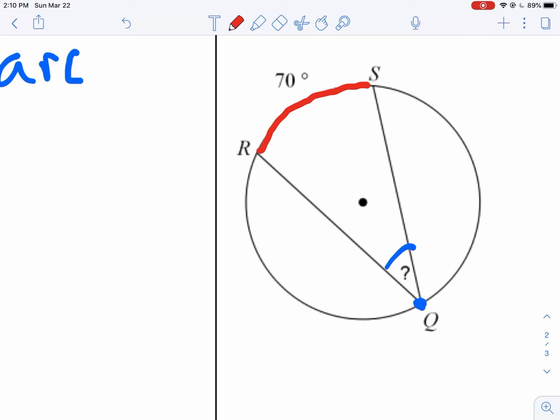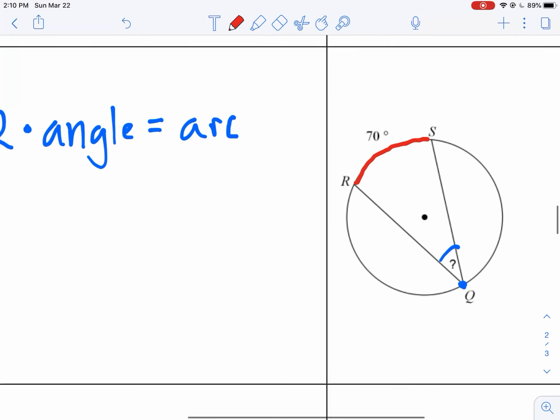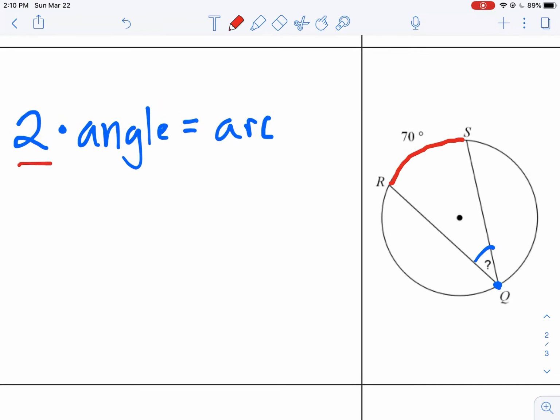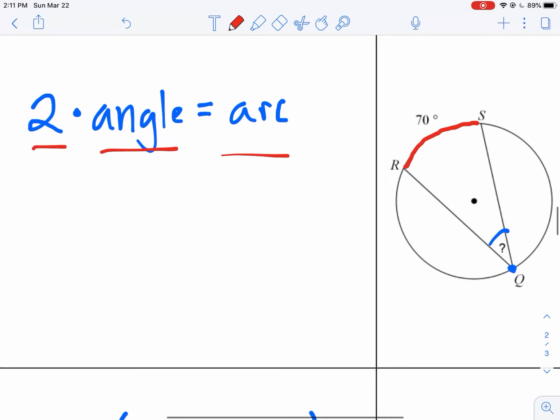So we have the angle in blue and the arc in red, and the breakdown is that 2 times the angle equals the arc.